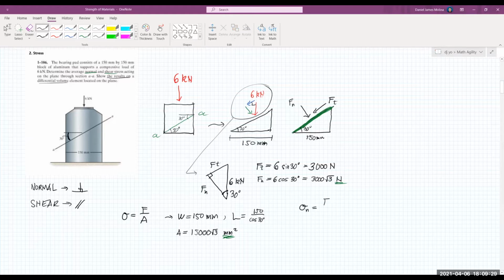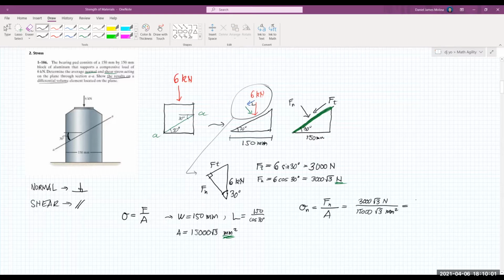That is, of course, the force normal to the plane divided by the area. Okay, so the area perpendicular to the normal stress is actually the area solved a while ago. So we have 3,000 square root of 3 newtons divided by 15,000 square root of 3 square millimeters.